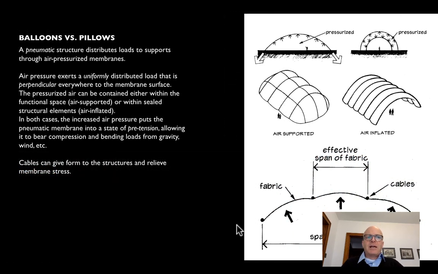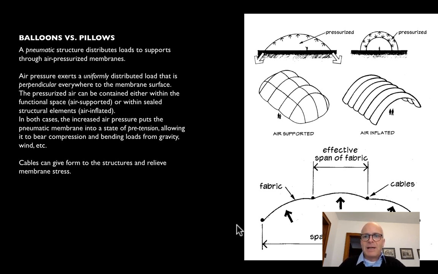As I mentioned, there are two different types of pneumatic structures. One that we call air supported and one that we call air inflated. In both of these cases, we're using energy to inject air into the pneumatic at a higher pressure than in the outside world, so greater than the 15 psi or so that's a natural atmosphere.